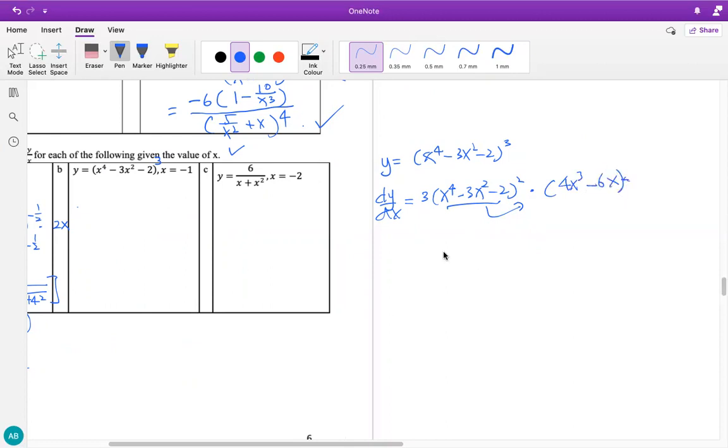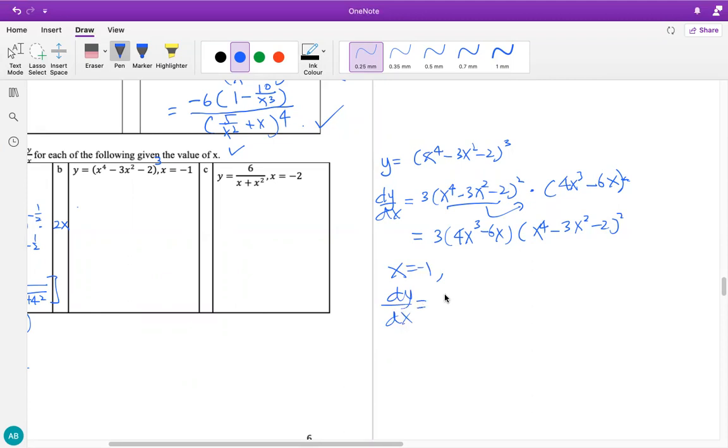Okay, that's all. Then you rearrange: 3 times 4x cubed minus 6x times x to the power 4 minus 3x squared minus 2 squared. So when x goes to negative 1, you substitute in.